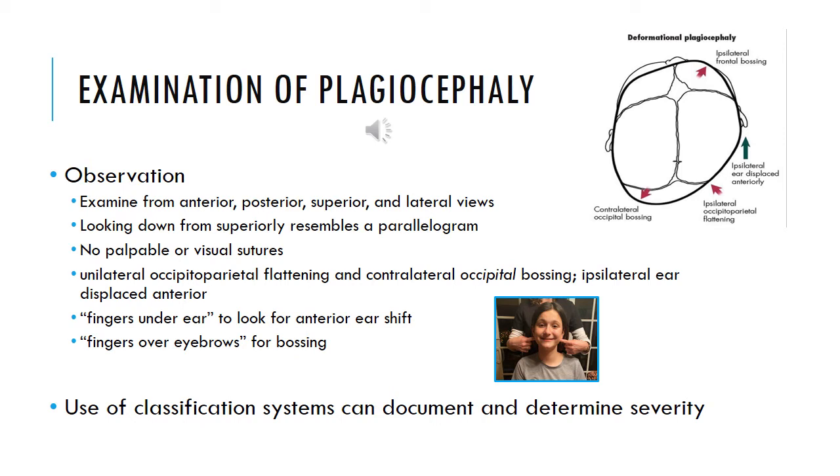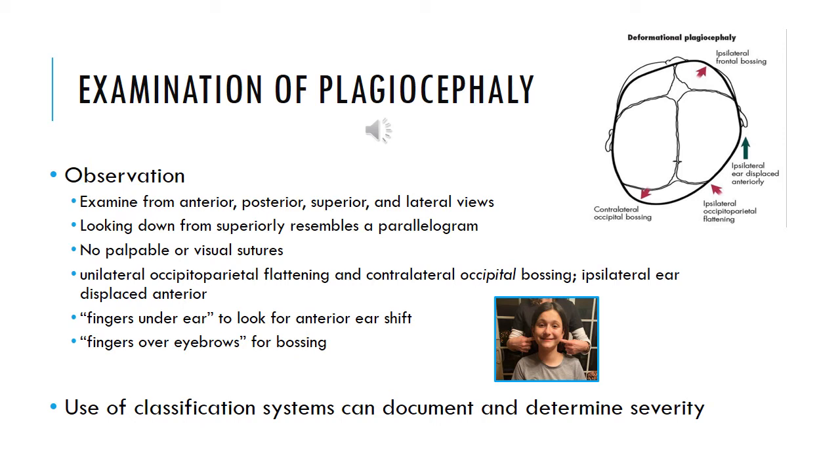We previously talked about plagiocephaly resembling a parallelogram, and you can see that again in the picture over in the upper right-hand corner. You want to be able to use your palpation skills to palpate over where the sutures are approximately located, as you shouldn't really be feeling any sutures on palpation or be able to see any ridges that have been formed.